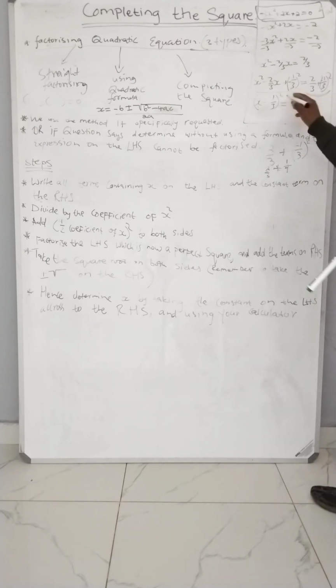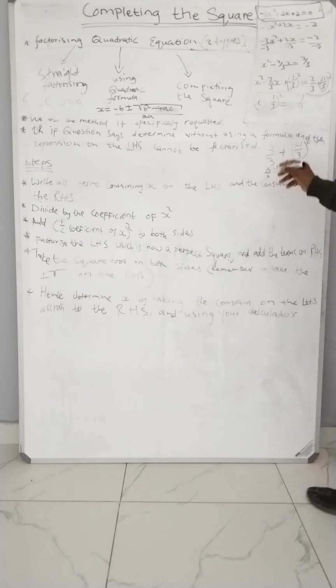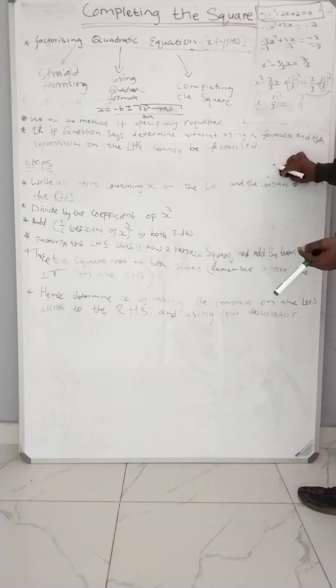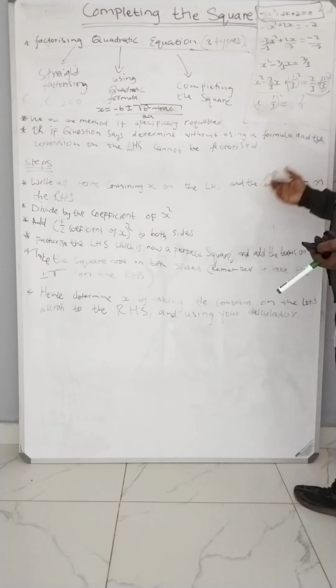And then when you get to this stage, you apply the square root to remove that square. When you apply the square root, remember you're gonna take the positive and the negative. So this is what's gonna happen, because once you apply the square root, it can be positive or it can be negative.